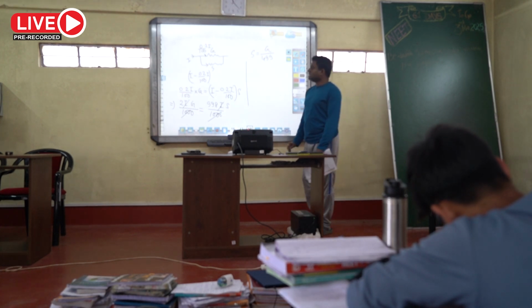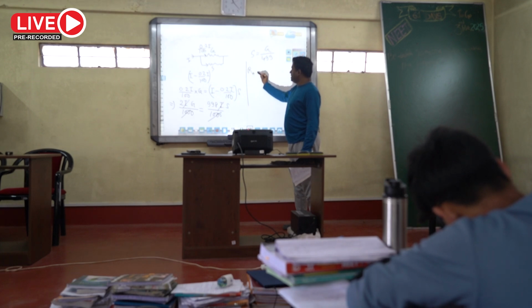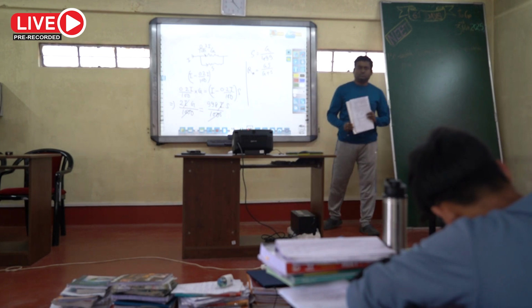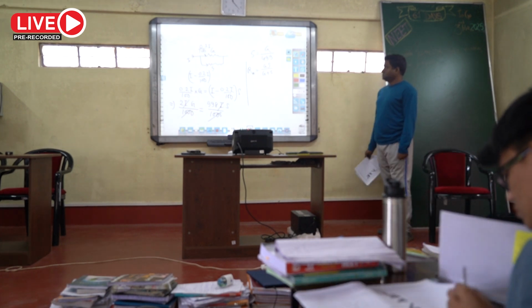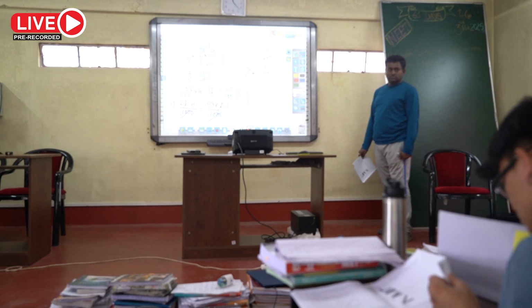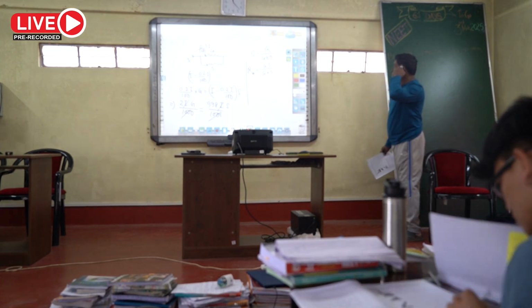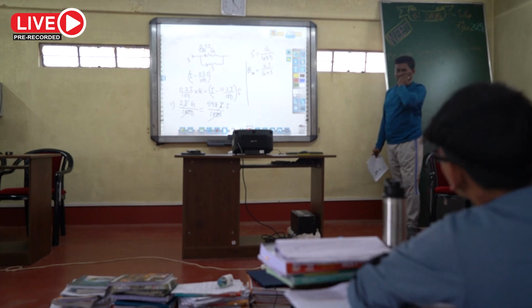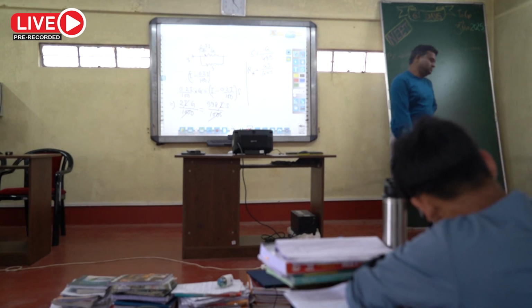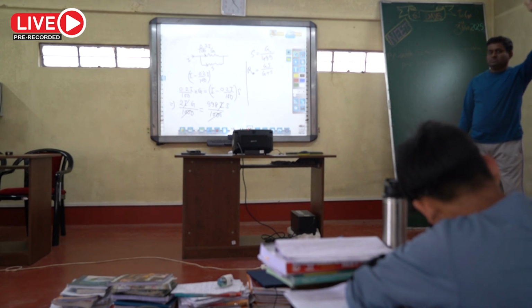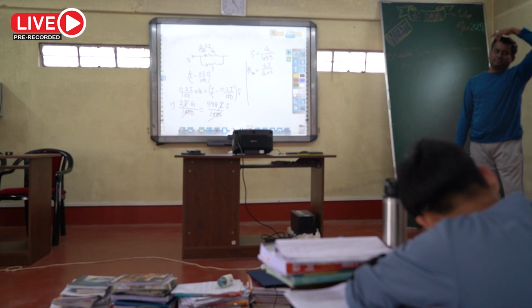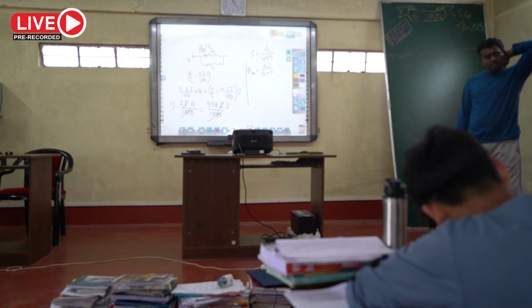Then you have to calculate the resistance of the ammeter, RA, that is G into S by G plus S. Means the equivalent resistance of G and S. That is the resistance of the ammeter.